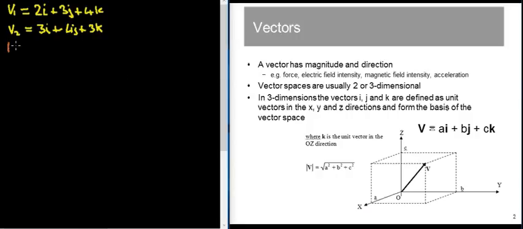We'll say that the magnitude of v1 is equal to, and I always get these square roots, they're always wobbly, 2 squared plus 3 squared plus 4 squared. And if you do that sum, and feel free to pause and do that sum for yourself, you'll find that vector 1 magnitude is 5.39 of some unit.